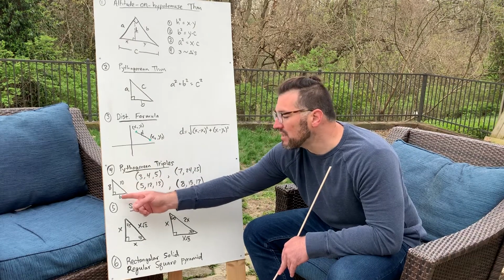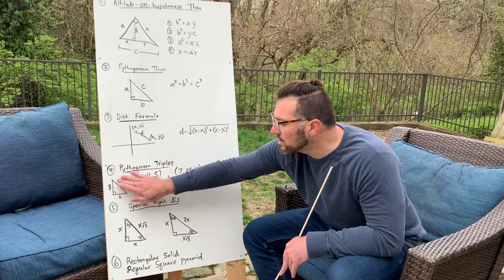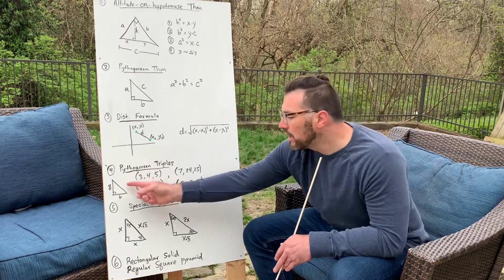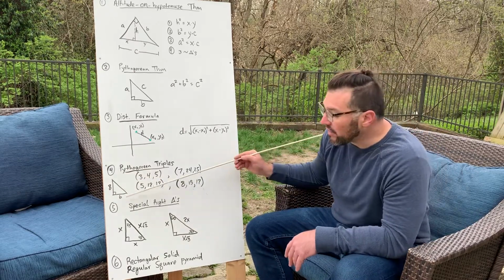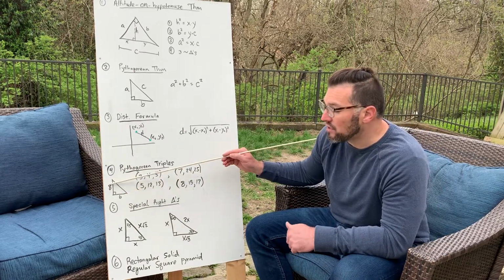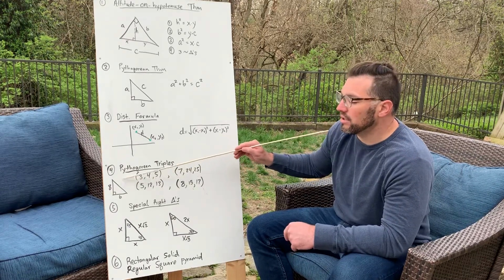Well, a 6, 8, 10 is also a Pythagorean triple. This helps you out because what if you come up to a problem and you want to figure out, hey, what's this unknown side? Well, if you see that this is 3 times 2 and this is 4 times 2, this has to be 5 times 2. So you already know this is 10.